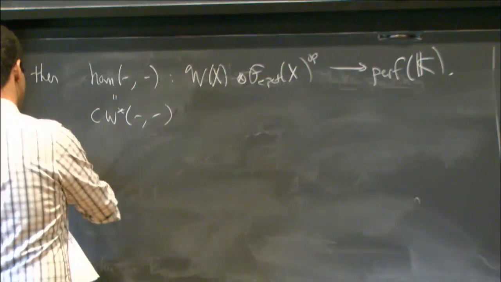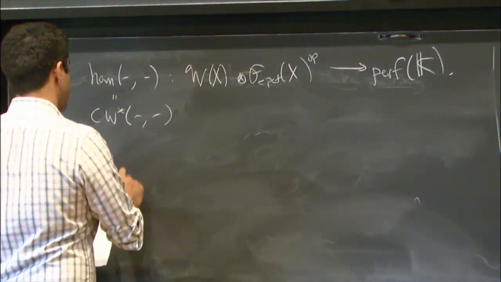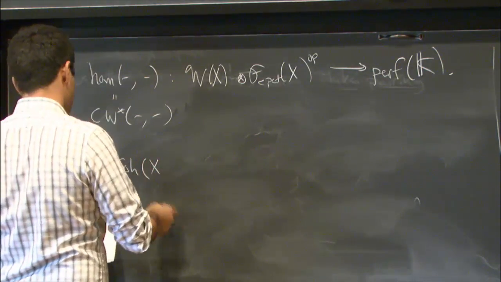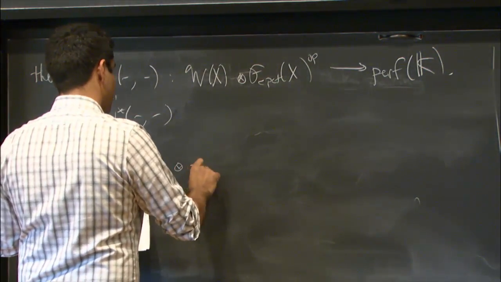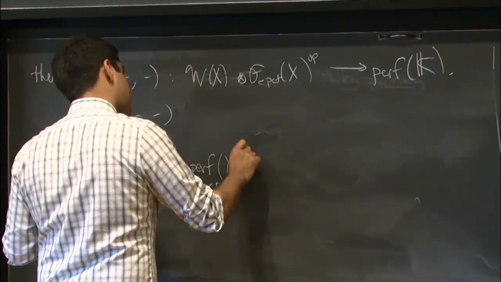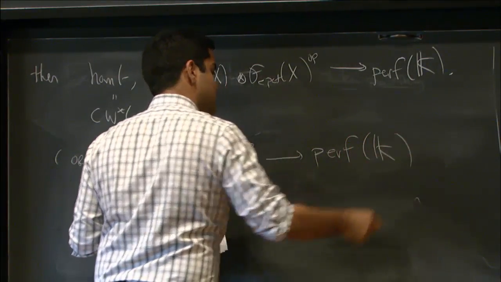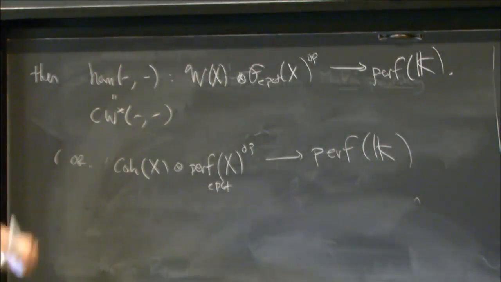Or if you like algebraic geometry, you might want to look at the pairing between coherent sheaves on X and perfect complexes on X with compact support. Just look at the usual Hom pairing; that also lands in perfect complexes.